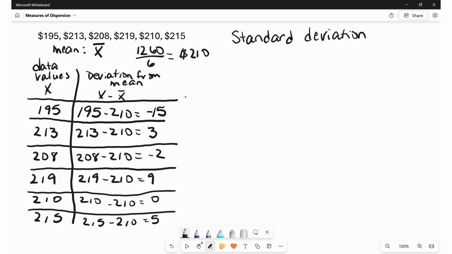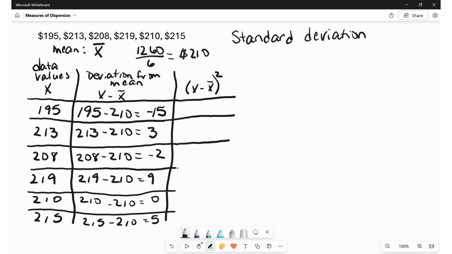So the next thing that we need to do is take each one of these values, so x minus x bar, and square it. And the reason why we're going to do this is so that we eliminate these negatives.